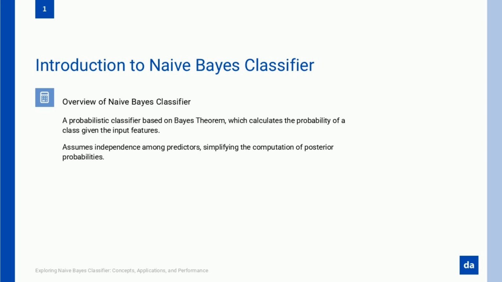At its heart, the naive Bayes classifier operates on a fascinating principle rooted in Bayes' theorem. The theorem provides a way to update the probability of a hypothesis as more evidence or information becomes available. Let's break it down.